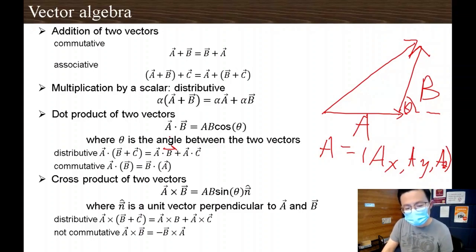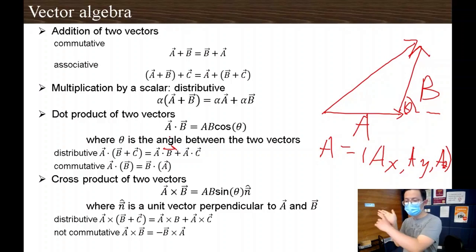And now the second product you need to be aware of is the cross product. The cross product is defined slightly differently. A cross B is AB sine theta, but it's a vector, and there is a direction to the cross product, that is a unit vector that's perpendicular to both A and B. Say that we want to take the cross product of these two vectors, where A is along this way and B is along the other way.